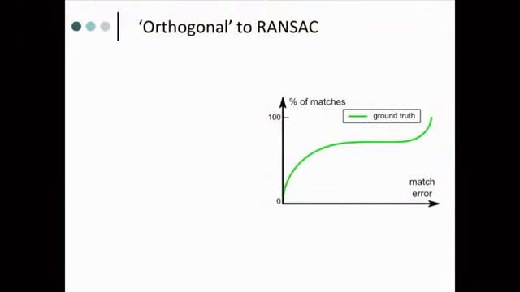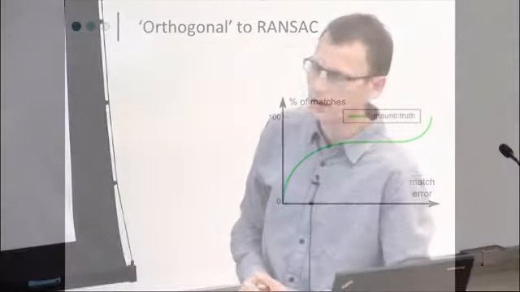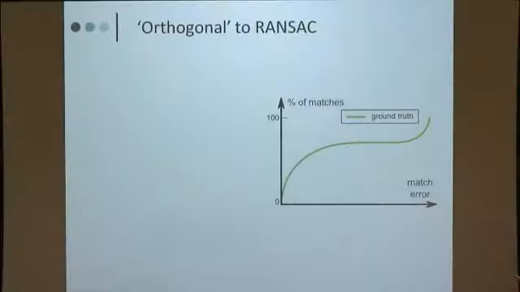This is just an illustration, but we plot a curve which is the CDF of this distribution, starting with match errors close to 0 down here, and the higher you let the match error go, you accumulate up to 100% of the matches, up here.